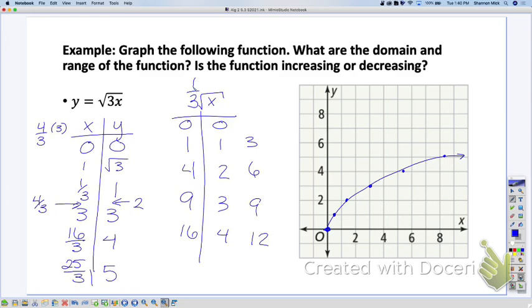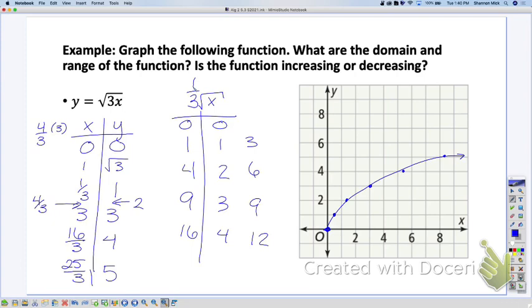So remember that A, if it was greater than 1, it's wider. If it's less than 1, it's narrower. That's opposite. Said that wrong. In a parabola, when it was greater than 1, it was narrower, because it increased quicker. But when it was less than 1, it was wider because it increased slower.